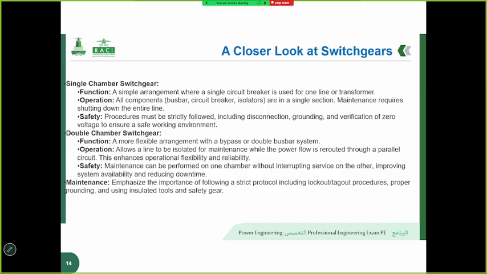While this design is simple and has a smaller footprint, it presents significant operational limitations. Any maintenance or repair work on the circuit breaker requires the entire line to be de-energized and taken out of service. This results in service interruptions for all connected consumers, making it a less flexible option for critical infrastructure.